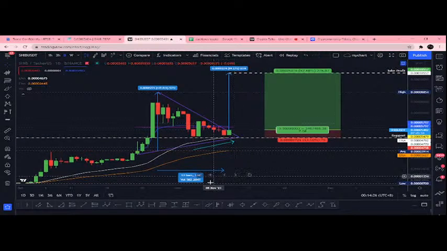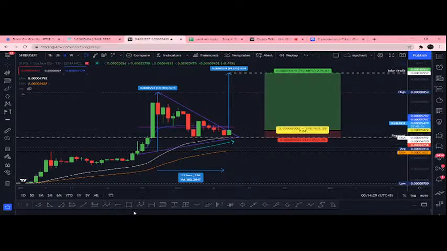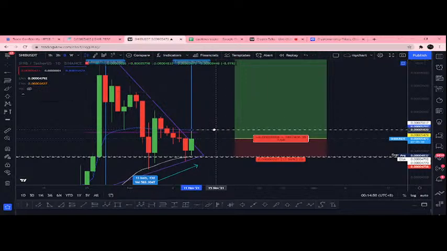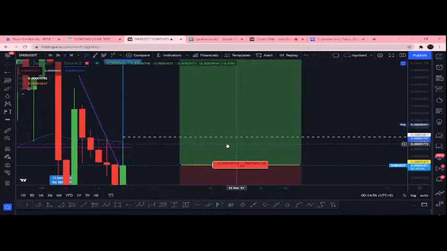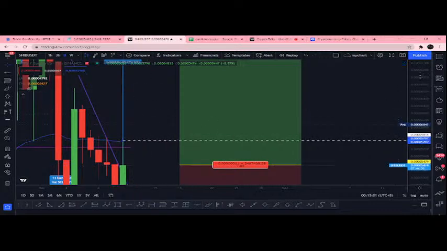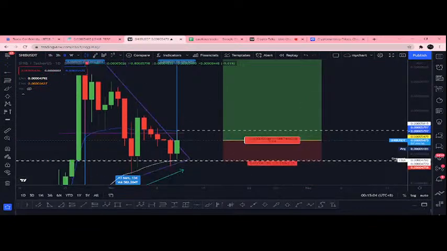And then I'm waiting for another two confirmations once it hits above at least this one, which is 5,000, and the 5,800 area.